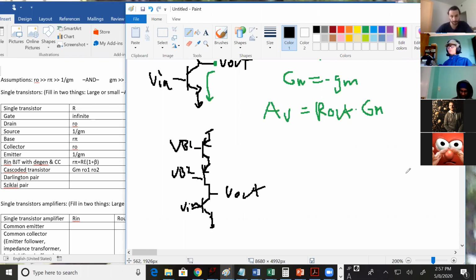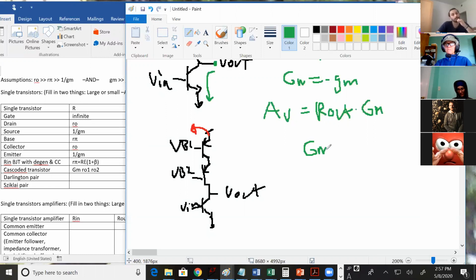Okay. What's the first step of the quick method? Ground DC. So let's do that. And then we need to find R out. We're trying to find R out times big GM. Is there degeneration? We might as well do that first. Nope.